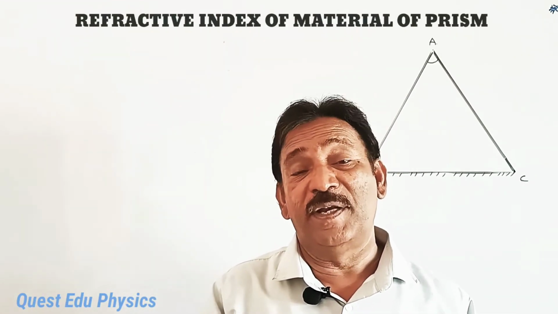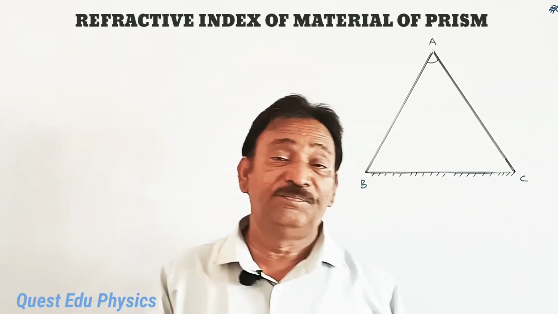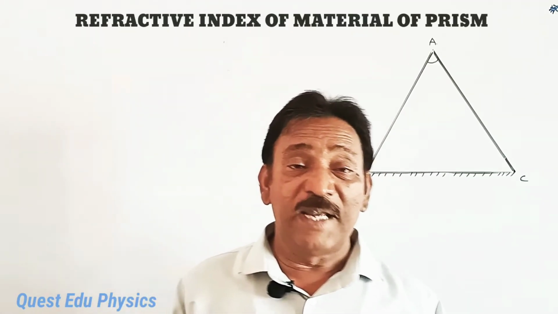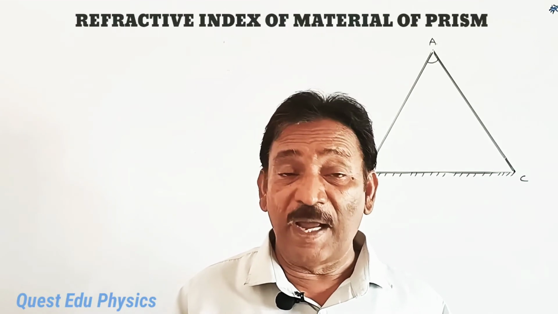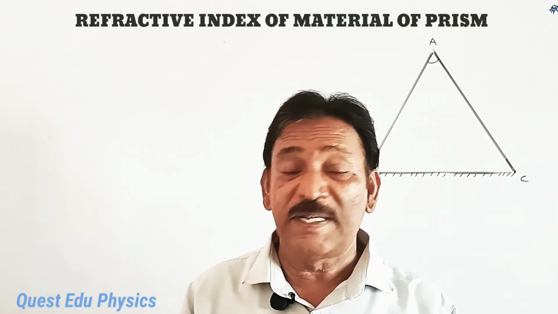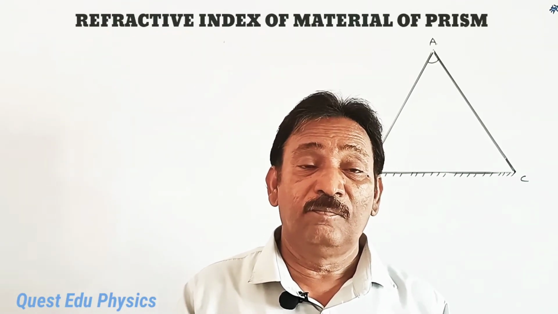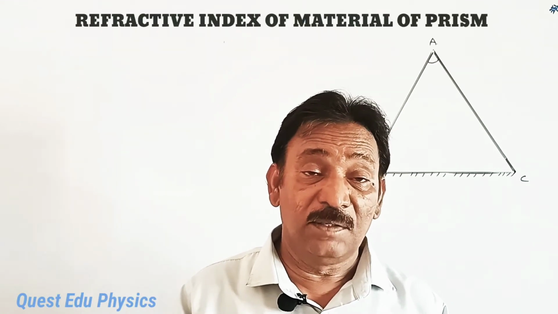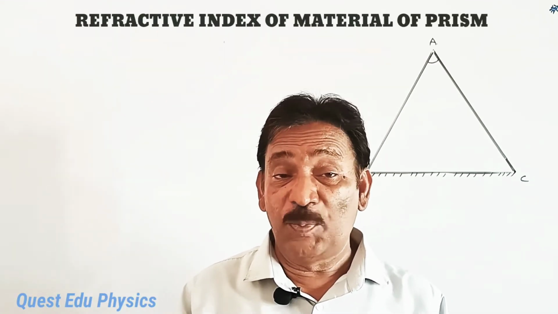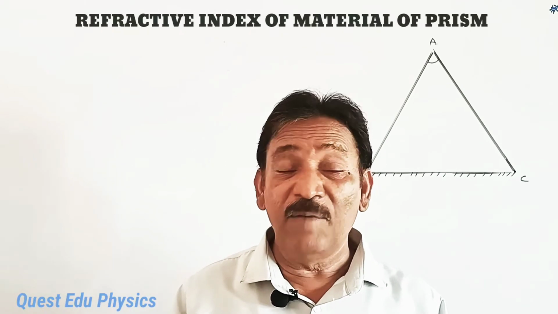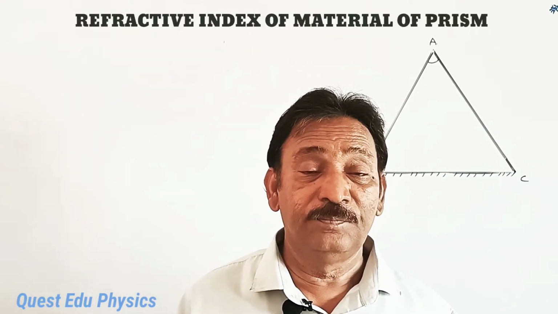And what is the refractive index? It is a relative term, students. It is the ratio of the speed of the light in one medium with respect to another medium.